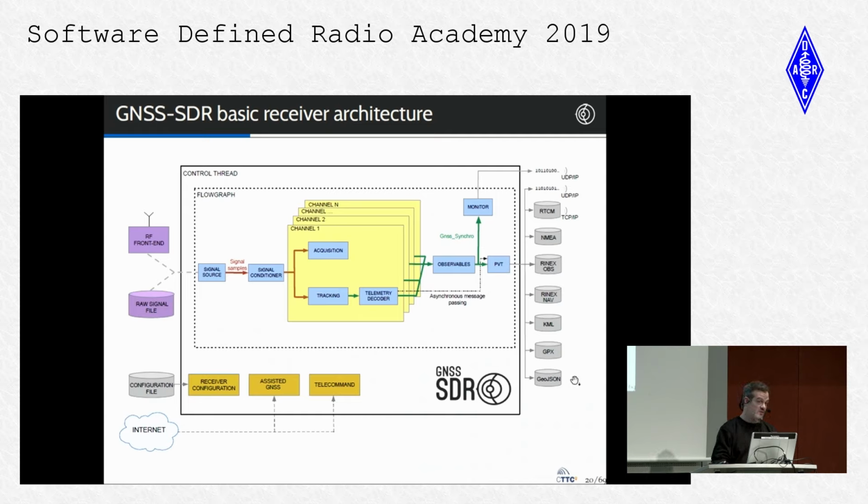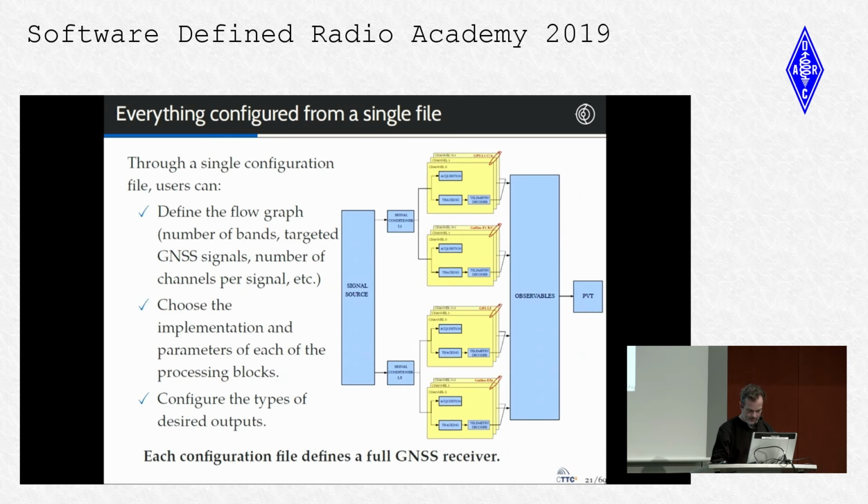So this is the main flow graph for our software, and then each of these blue blocks is populated with different algorithms. For instance, we can do more complex things. Maybe we want a multi-system and multi-frequency receiver, so we can do that.